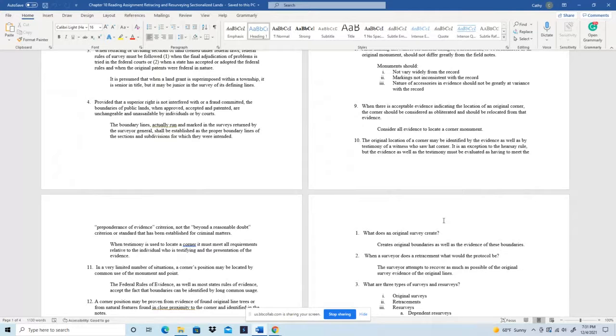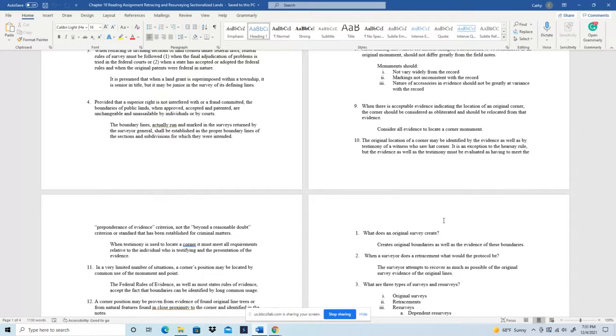So let's say we're trying to put a corner back in. We would have to look everywhere. That's my last thing I do, the very last thing I do is try to reset something. I'll do every necessary thing that I can to make sure it's not off in one direction or another, because the difference in instruments can put me one way or the other just a little bit.